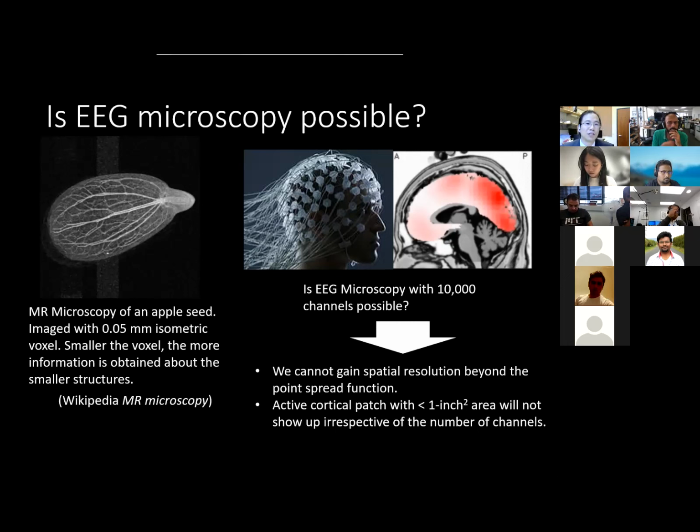And any brain activation generated by cortical activation smaller than that area is neglected. It's trimmed, and it doesn't come up to the surface. That's the fundamental limitation. Because of that, we are seeing filtered results. The scalp-recorded EEG is already filtered by the biophysics of EEG, volume conduction.